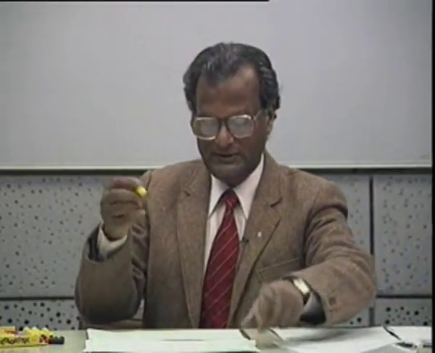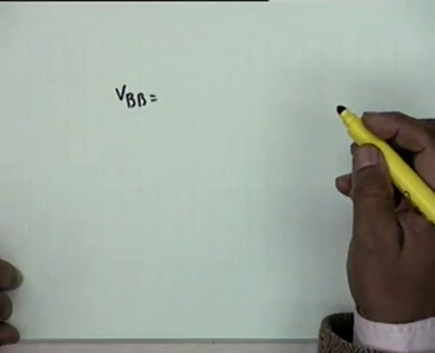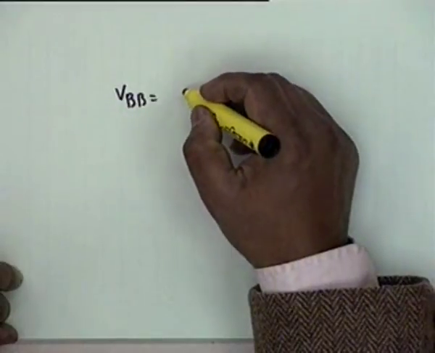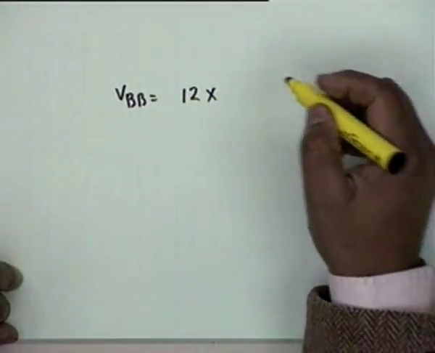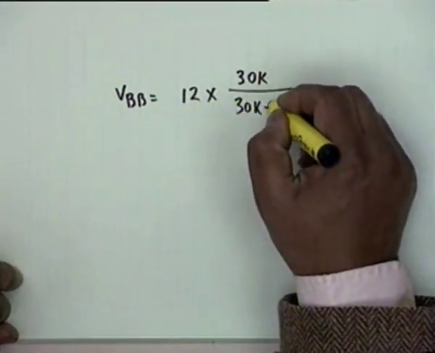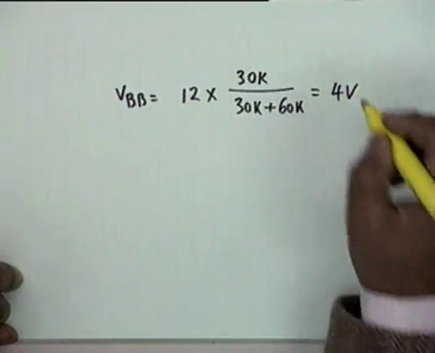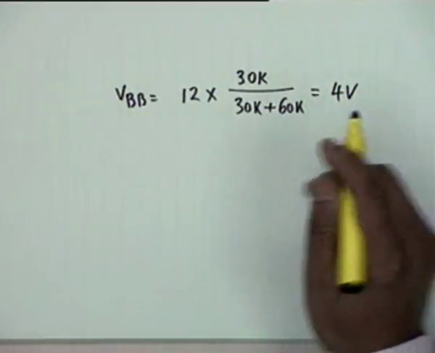Our VBB is simply 12 volt multiplied by 30 K divided by 30 K plus 60 K. So, this is equal to 4 volts. Fine. This is VBB.